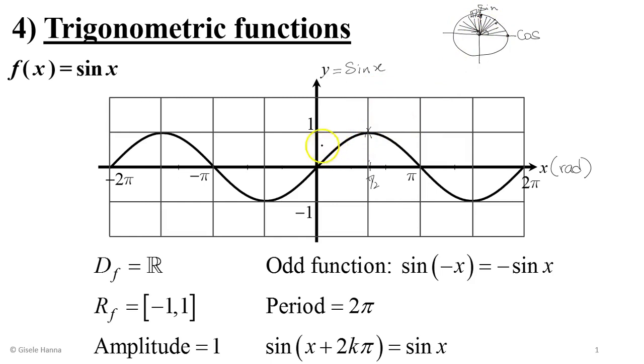So in this interval from 0 to pi, the curve is symmetrical with respect to pi over 2, until finally it reaches 0 at pi. This is where pi lies on the unit circle, so the ordinate of this point is 0. So the sine function intersects the x-axis again at pi.